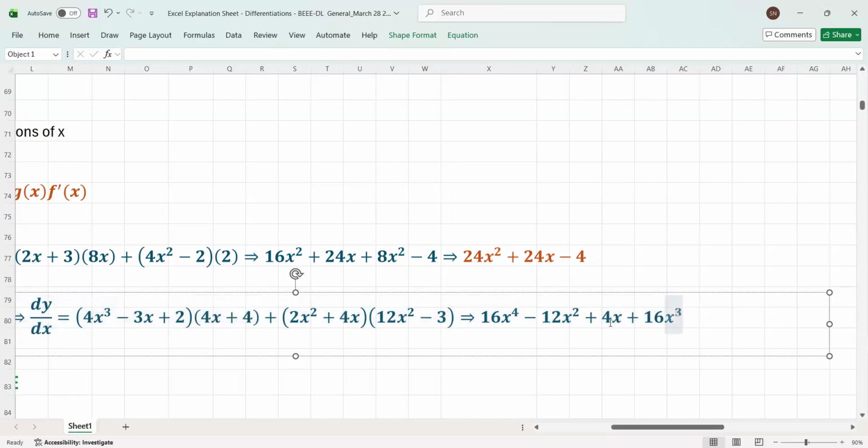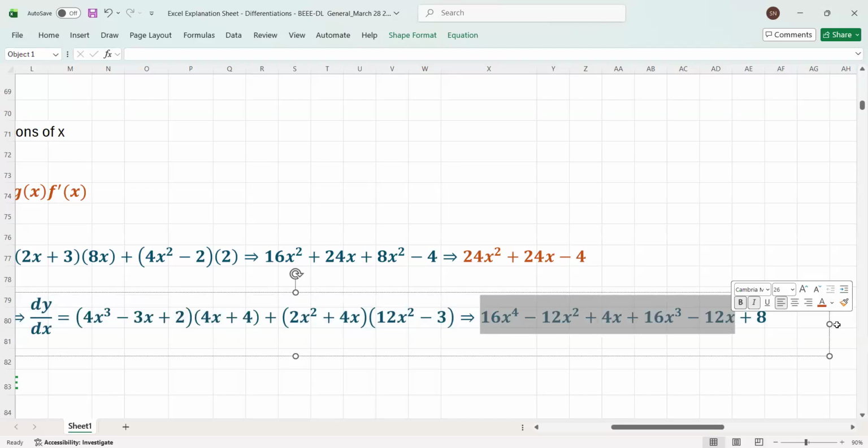And then 4 multiplying negative 3x gives you negative 12x. And then plus 4 multiplying the value 2, we get 8. So we have expanded this whole thing, and it gave us 16x to the power 4, 12x squared, 4x, 16x cubed, 12x, and plus 8.